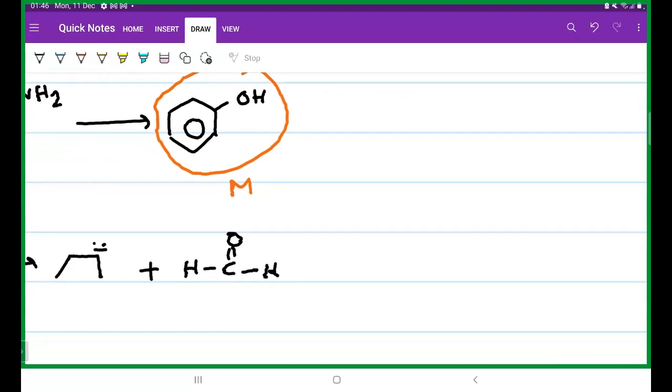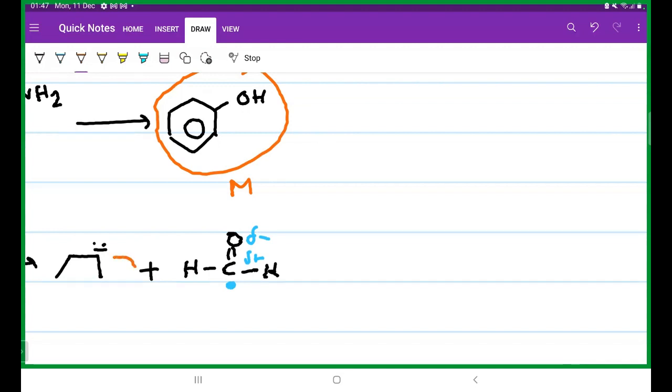So this negative charge will attack this carbon center over here. Why? Because the partial negative charge will accumulate in oxygen because it's more electronegative, and C will be more electropositive relative to O. So a partial positive charge will be formed over here, right?